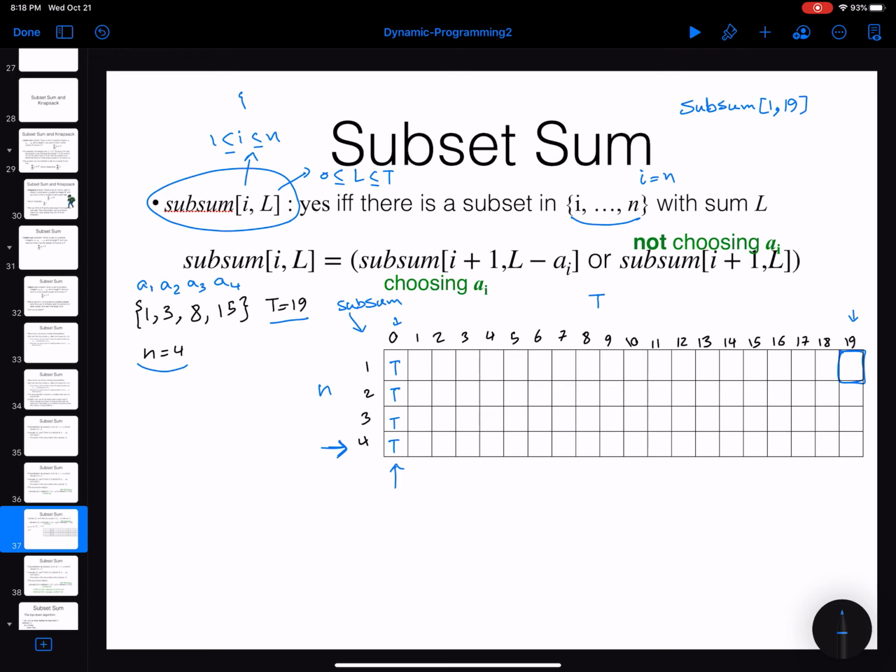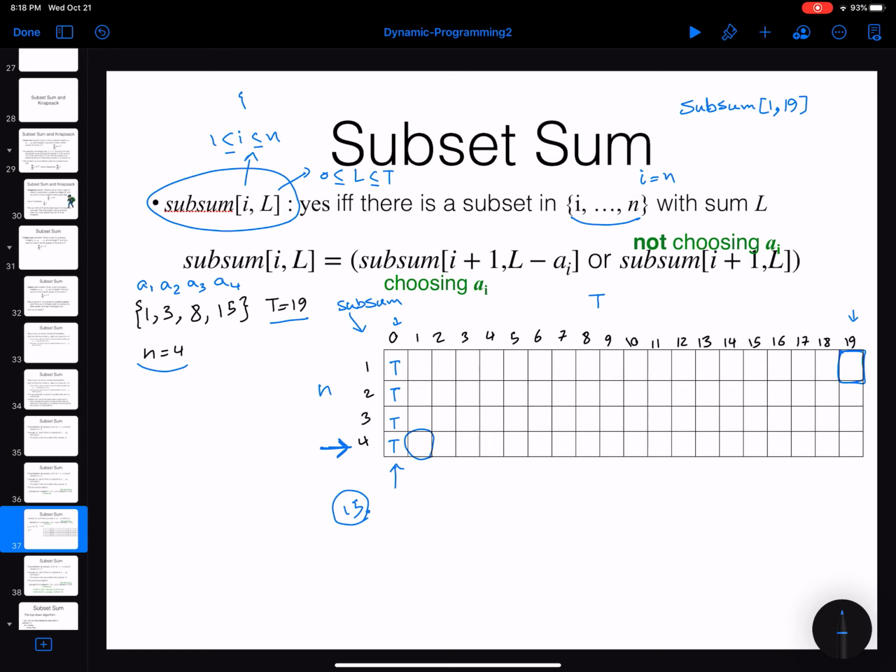I can go through all the cells in the last row and fill it. I know that I only have access to 15. So if the target is t, for example, and the only item that I have is 15, can you find a set of these items that the summation is going to be equal to 1?